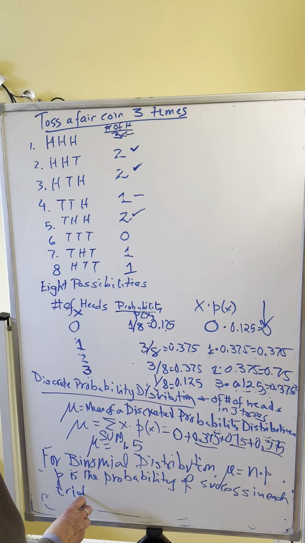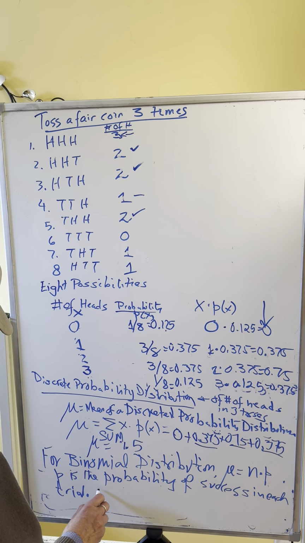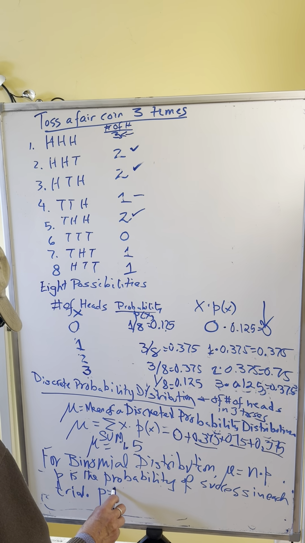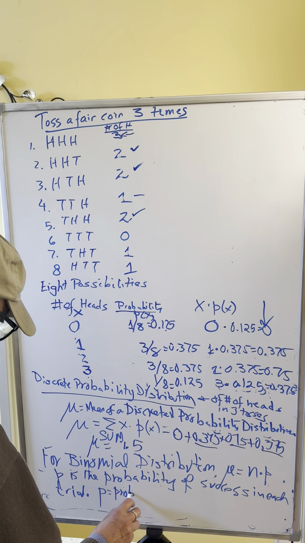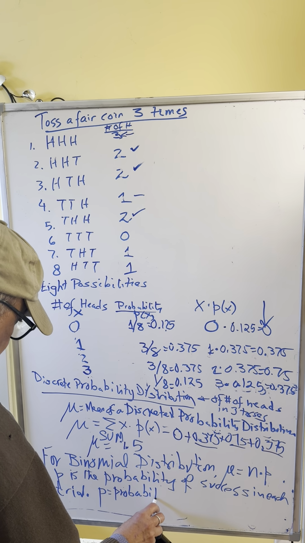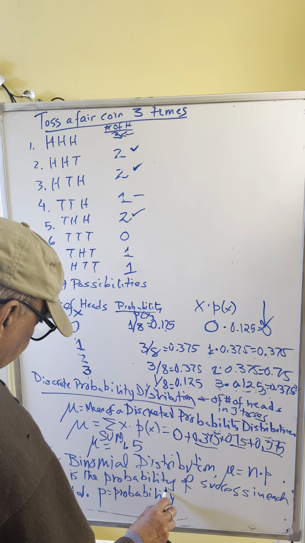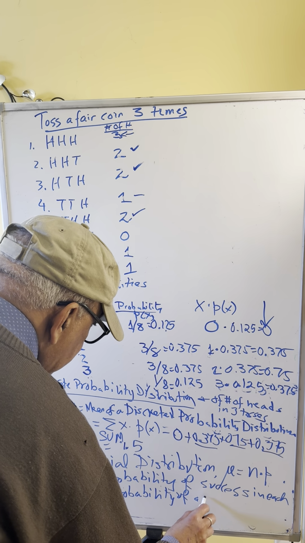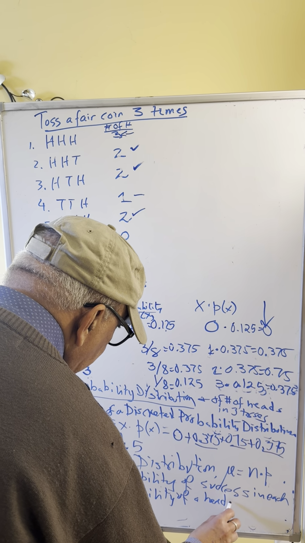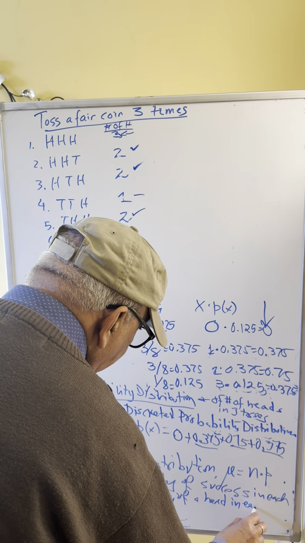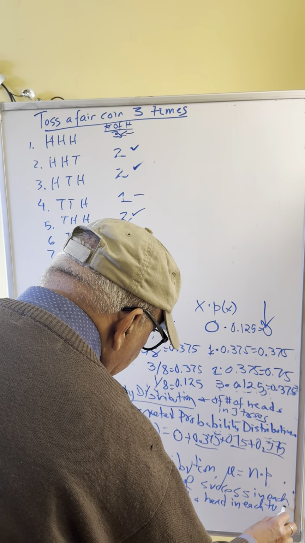So p is the probability of getting a head in each toss, which is 0.5, we know, in the long run.